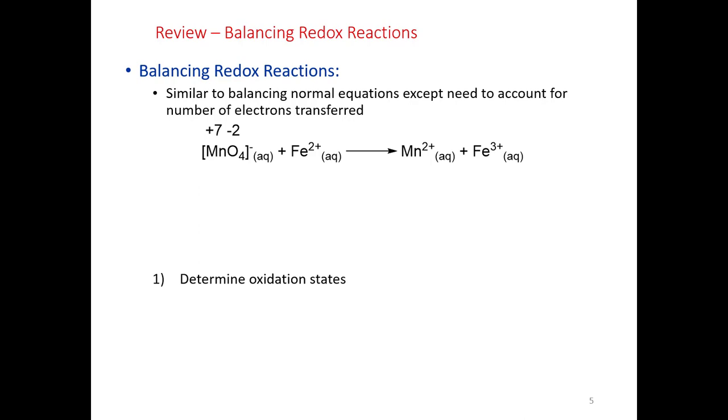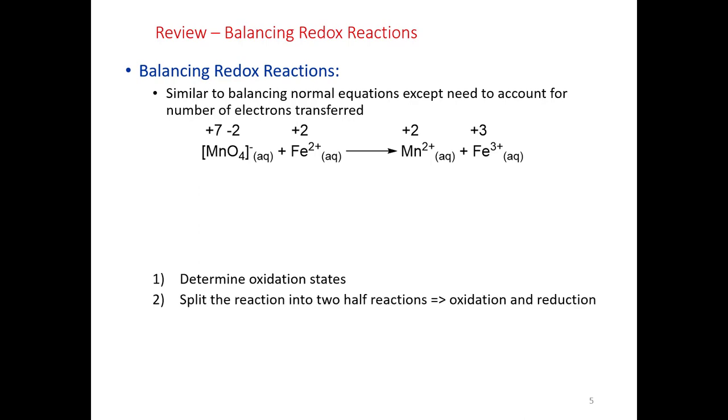The iron is an atomic cation, so the charge is the same as the oxidation state. Note that we write the oxidation state as +2 and not 2+ for the charge of the cation. The two products are also atomic cations, so we can easily assign their oxidation states, +2 and +3.